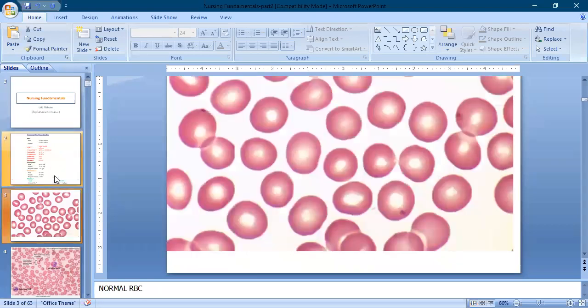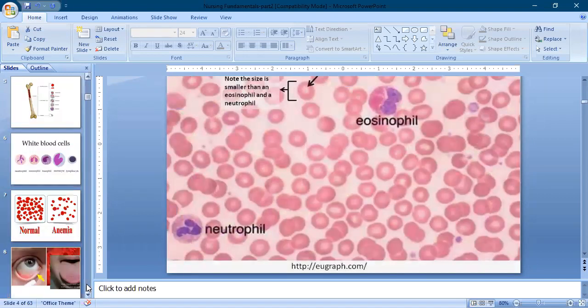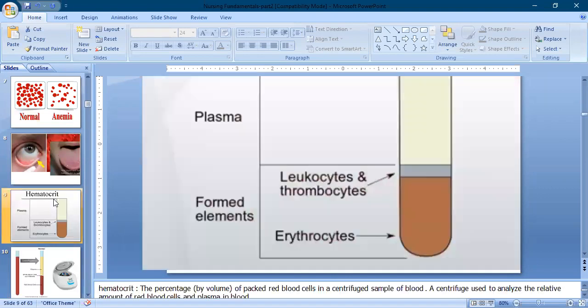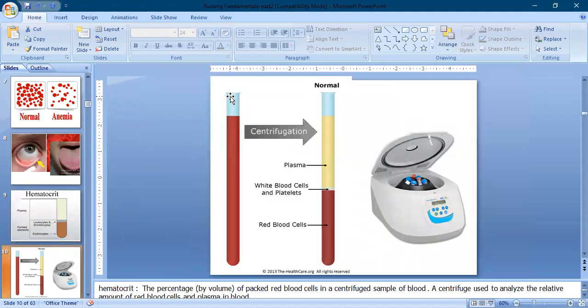As I told you, hematocrit is a little bit related to the concentration of the white blood cell, also red blood cell. Suppose you collect blood from the patient, and this is the test tube containing the blood, right?